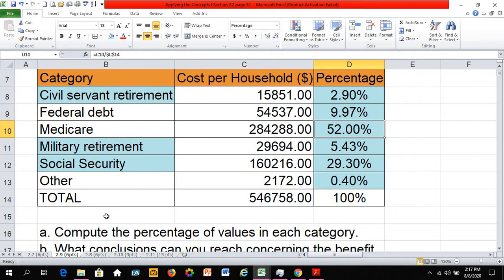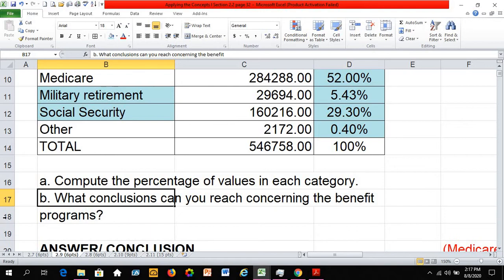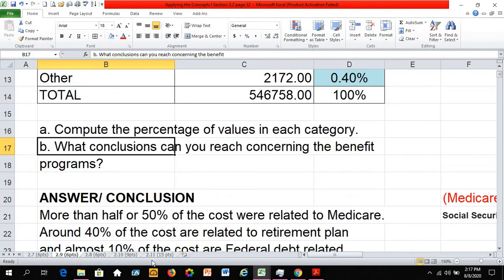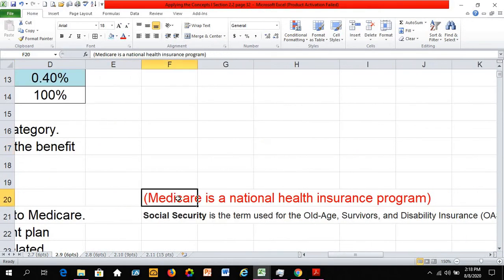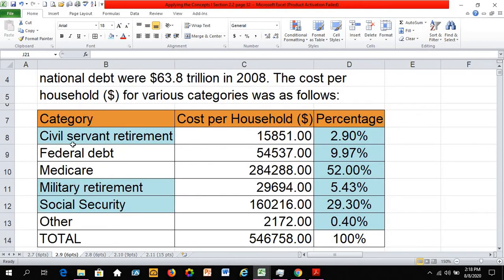Okay. So next question: what conclusion can you reach concerning the benefit programs? Okay, so we now go to our conclusion or interpretation. Again, let's talk about Medicare. Medicare is a national health insurance program, and social security is a term used for old age, survivors, and disability insurance program.